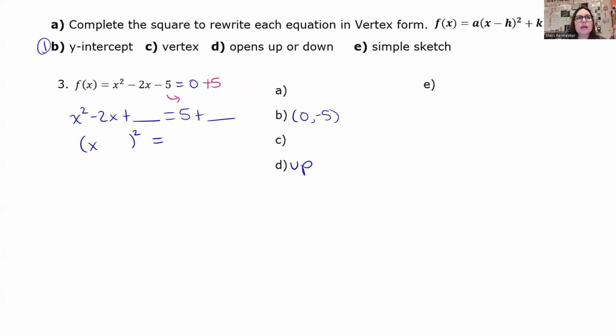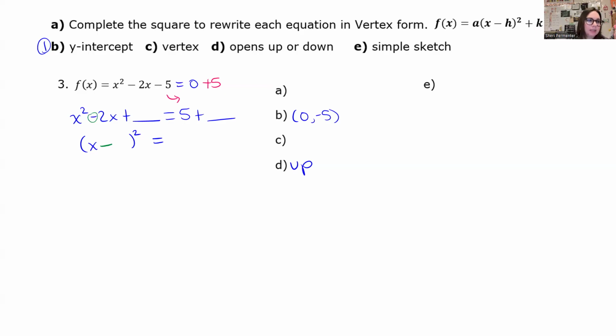How do I know what sign goes right in the middle? How do I know what sign goes right here? B. So is it going to be plus or minus? Minus. So this will be a minus.